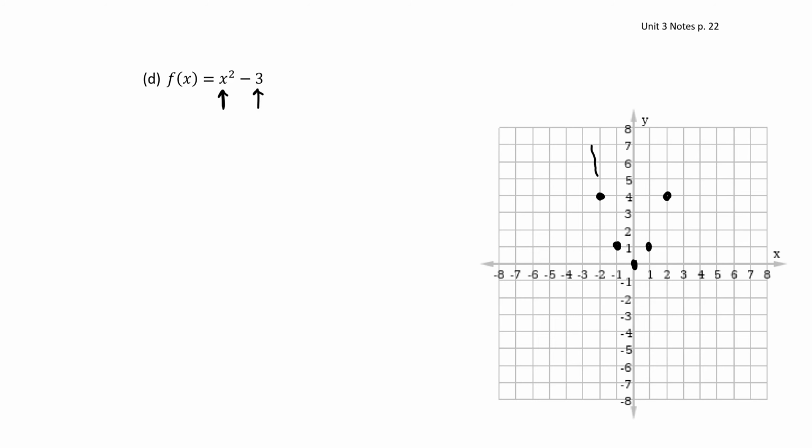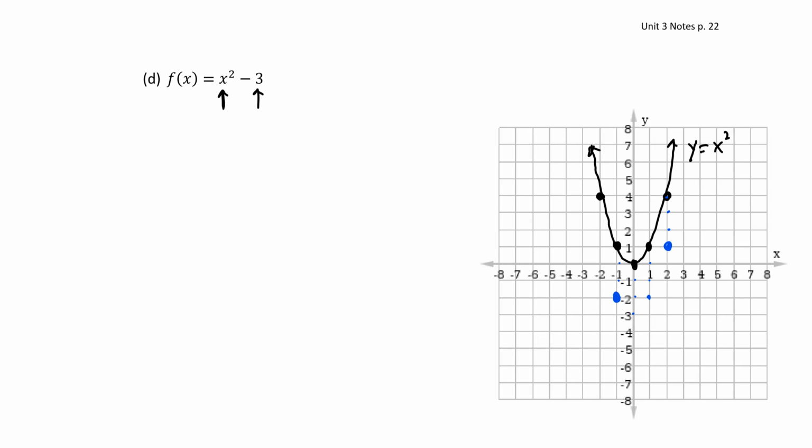There's our parent function, y equals x squared. Then to obtain the graph of this new function, we just have to shift every point down 3 units. So I'm going to start with the rightmost point and move down 3 units. Then the vertex.